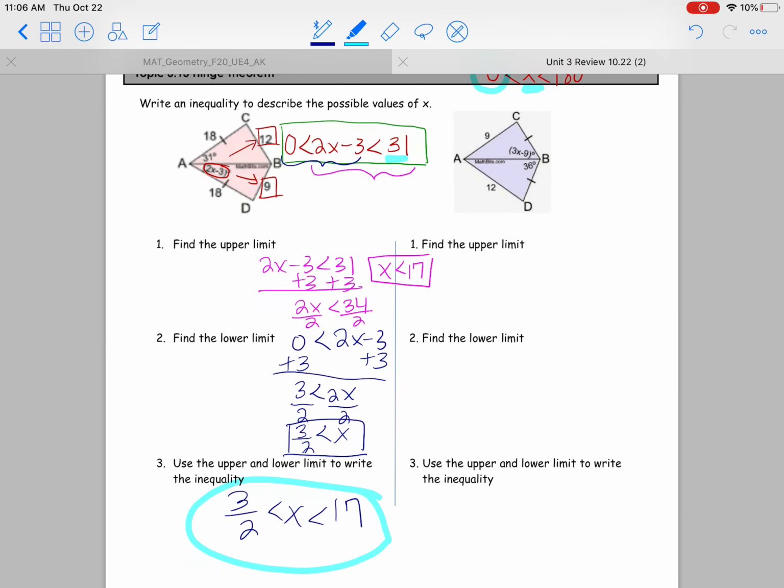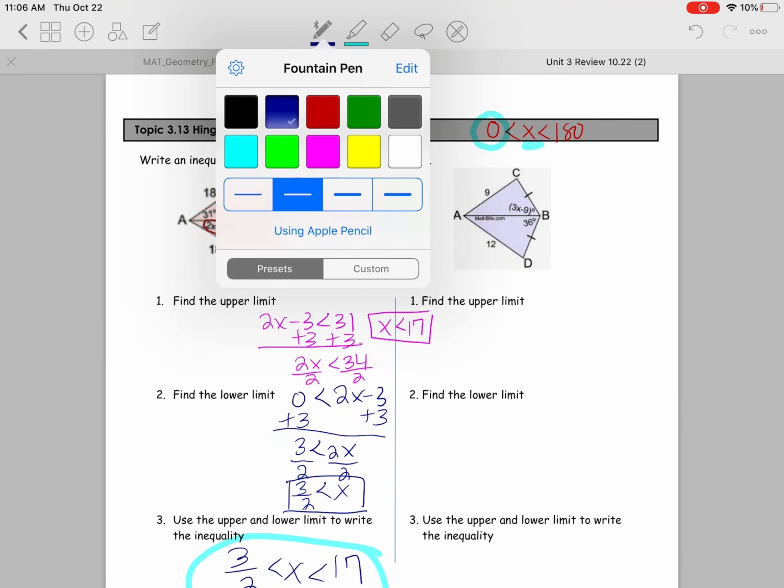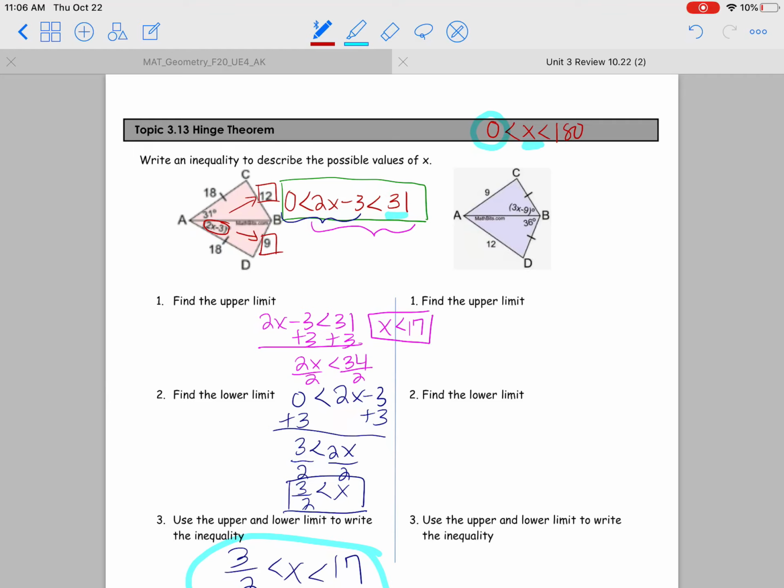Okay, so let me try this again. I'm not going to solve it all the way through, but I'm going to be setting up the inequalities that I need to solve in order to find that compound inequality that shows the possible values of x. So first of all, here it goes again, so pay attention. We know that we're going to be dealing with 3x minus 9.